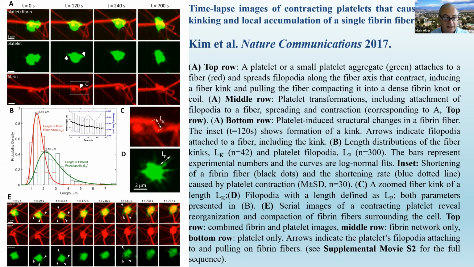We studied contraction, and we realized that what these platelets do inside of clots, they form extensions called filopodia, and they attach to different fibers, fibrin fibers. That's another big component of a blood clot. They start pulling on it, and they talk to each other this way. So it's like a piece of smart material.